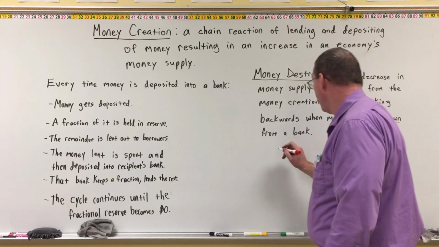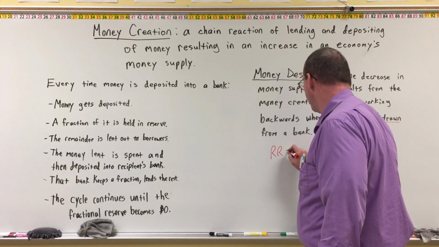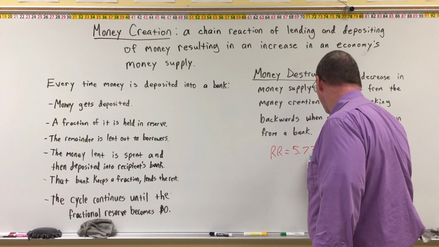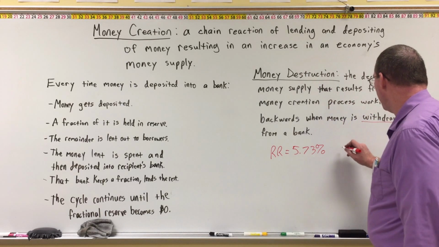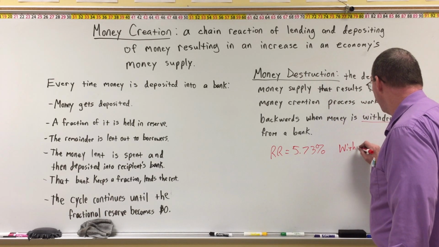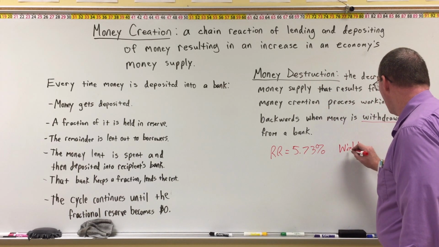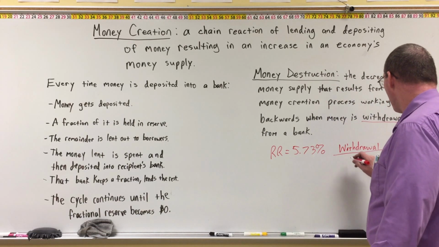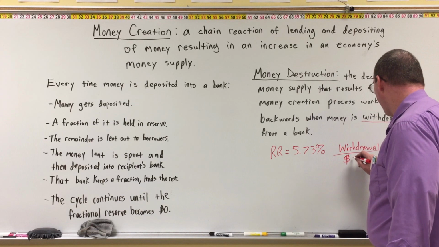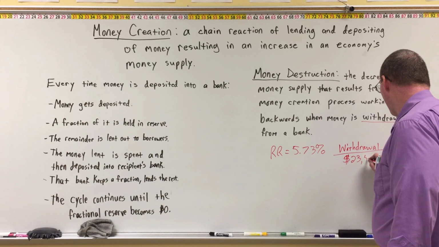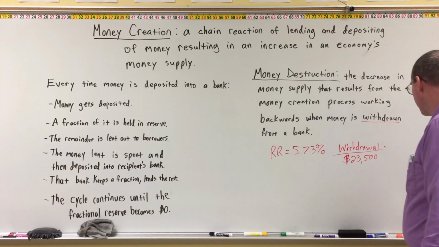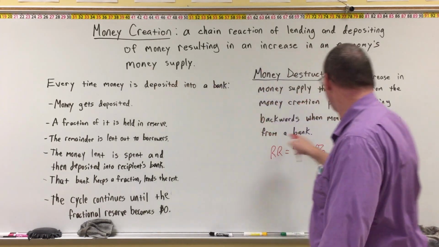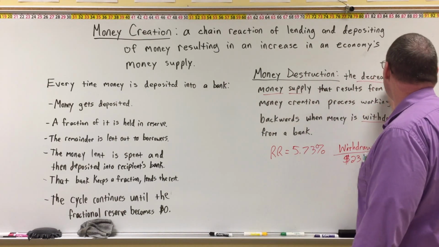So let's say that I tell you that the reserve ratio is 5.73%, and I tell you that there is an initial withdrawal of, let's say, $23,500. Okay, so the question is, how much will the money supply decrease?